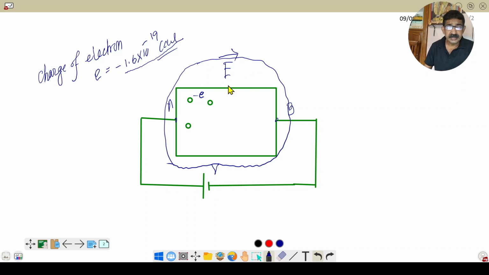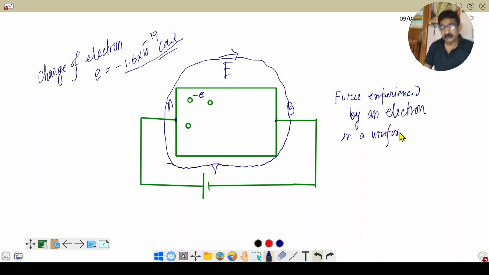And any charged particle, the force experienced by an electron in a uniform electric field is equal to F. This is the expression for force.